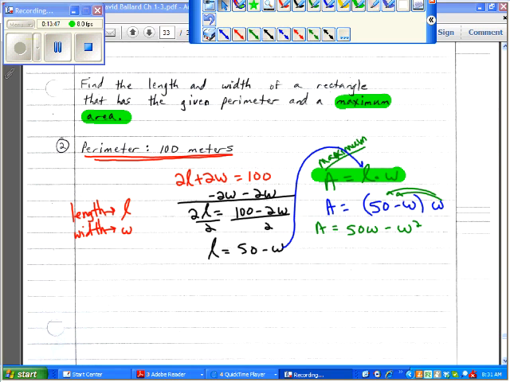To do that, we want to find the first derivative and then the second derivative. So the first derivative would be A prime is 50 minus 2W, right? And the second derivative would be negative 2.